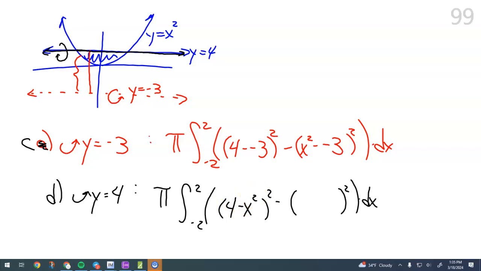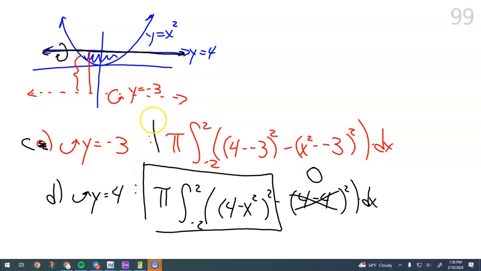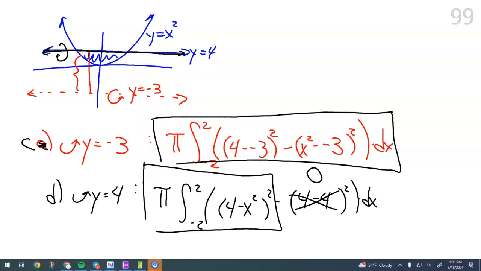Now the second part is why we can use washer to do this. So which equation is closer to y equals 4? y equals 4. How far is it from y equals 4 to y equals 4? 0. So like really what you're doing here is 4 minus 4, but you can just do 0. And so books will teach you like the disk formula is just this, and the washer formula is all that.